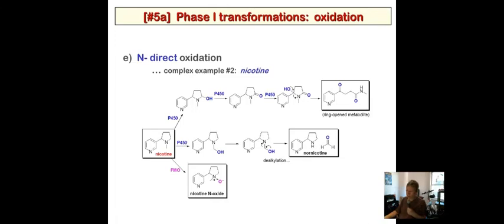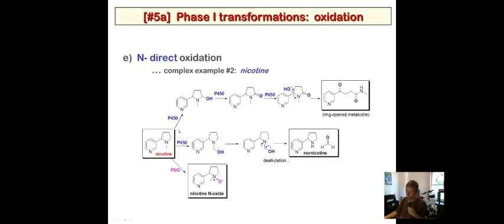Another example is nicotine. Nicotine does have a tertiary amine, and usually that would allow an oxide formation with FMO, and that's actually what is shown down here. That's one thing that can happen.